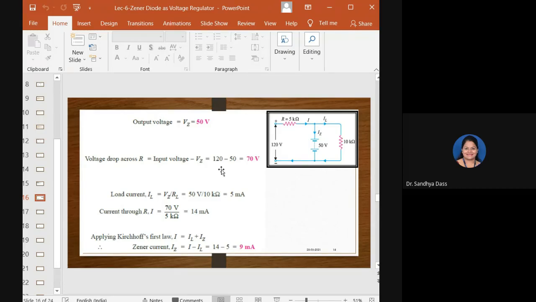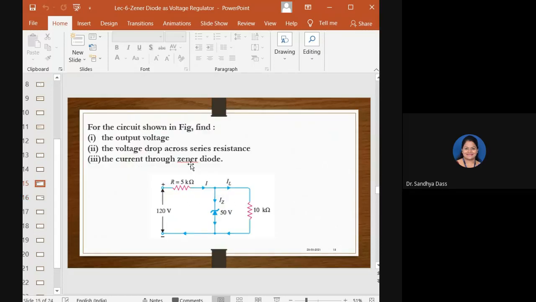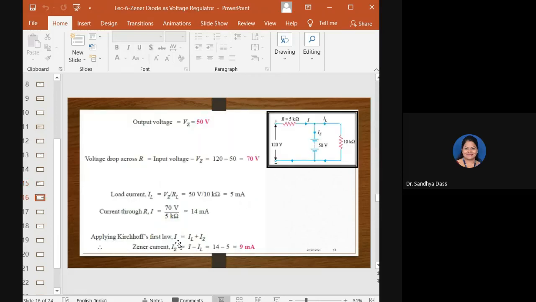Now coming to the Zener current, that is the third sub question. I gave you the hint saying apply KCL: I is equal to IZ plus IL. So first you have to calculate I, then you have to calculate IL, and substitute that in the equation.